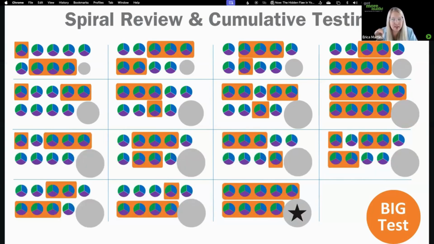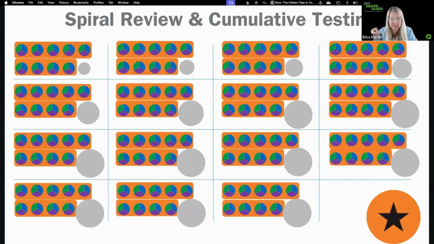When they get to the end of the year and they've been consistently taking these cumulative assessments, are they panicked when you say it's time to take the STAR test or it's time to take the Georgia Milestone test? No, they're not panicked about the big test because it's no longer a big test. It's just the last test of the year. That's what you've been preparing them for all year long.